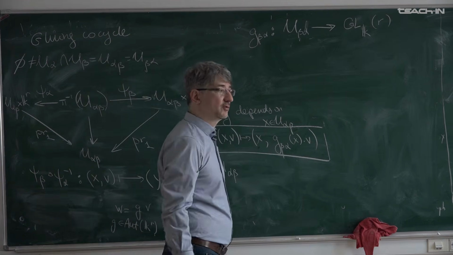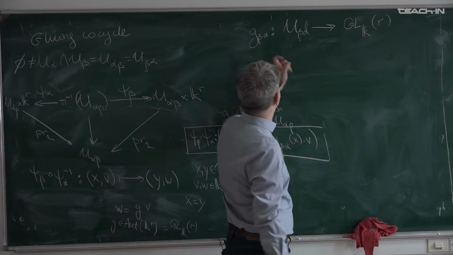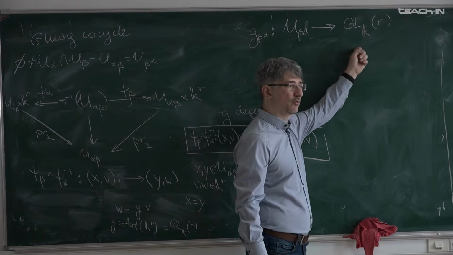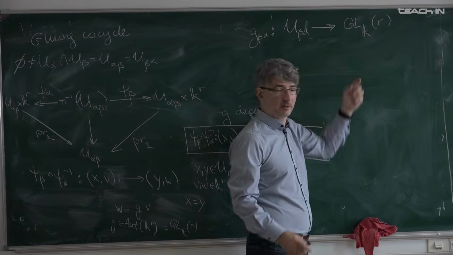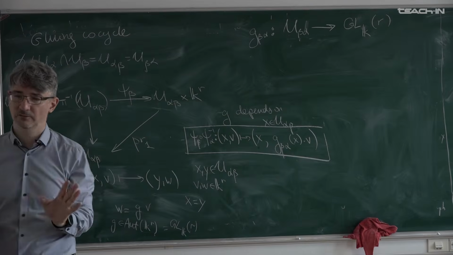In the nearest future, we will see a very interesting thing, that in some cases, the value of this G beta alpha could be smaller than the general linear group. It can be smaller because you know that in the general linear group we have very interesting subgroups.